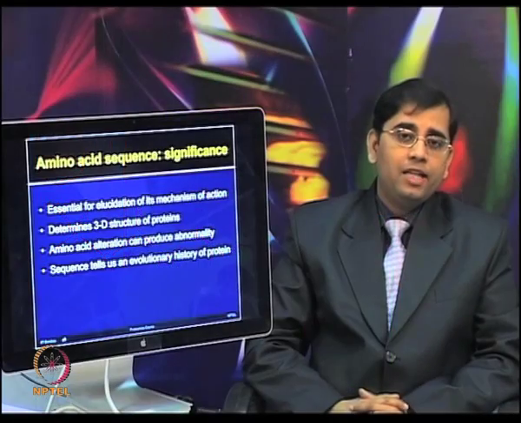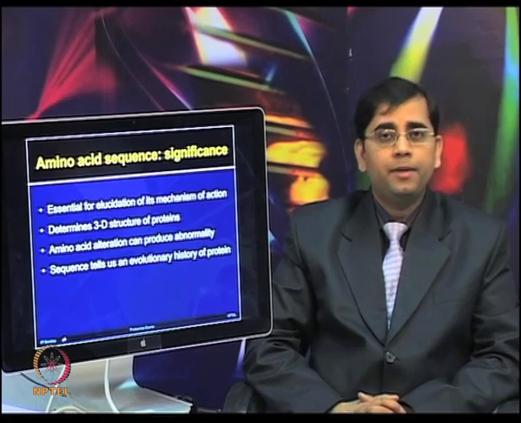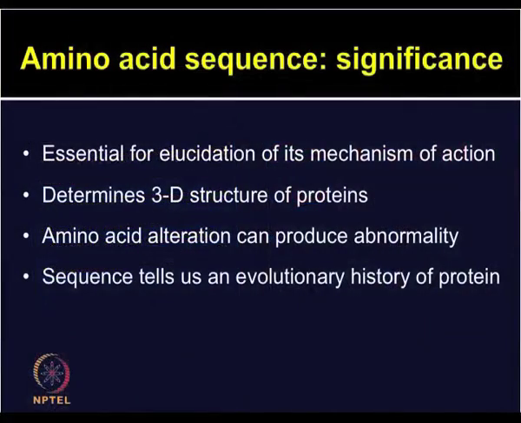So, what is the significance of the amino acid sequence? As we discussed, this represents the primary structure. The amino acid sequence is essential for elucidation of the mechanism of action, and an enzyme's catalytic action can be determined. It determines the three-dimensional structure of the protein, and links the functional three-dimensional protein structure and the genetic message obtained from the DNA.